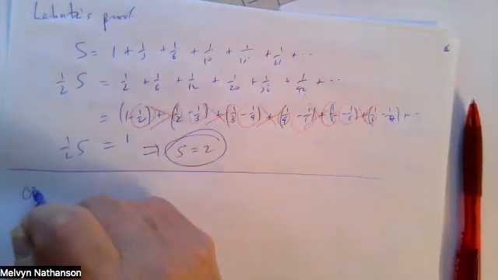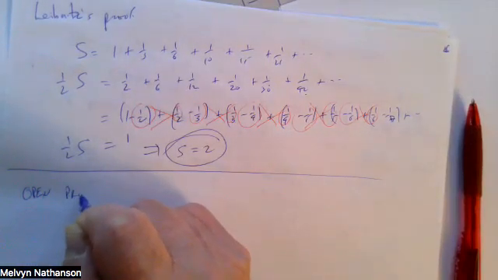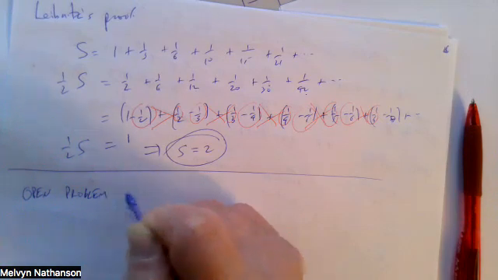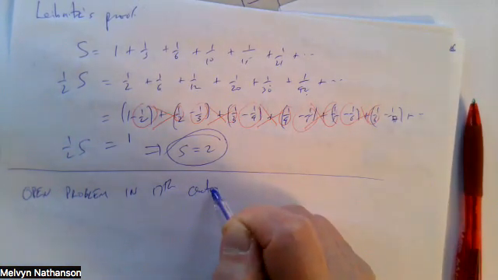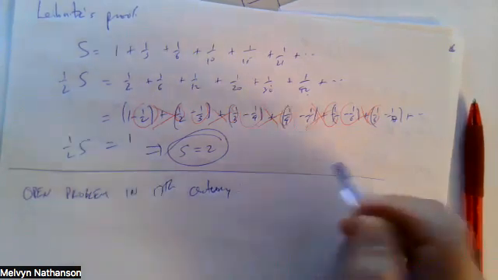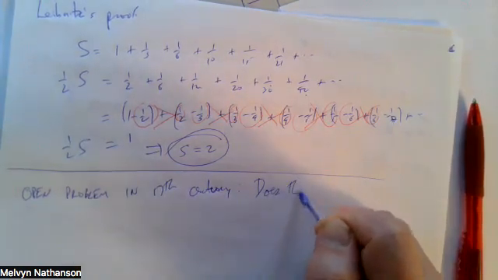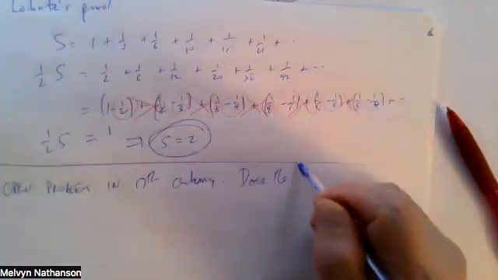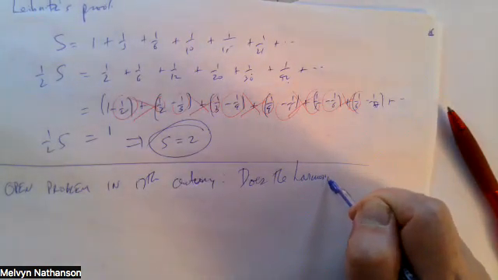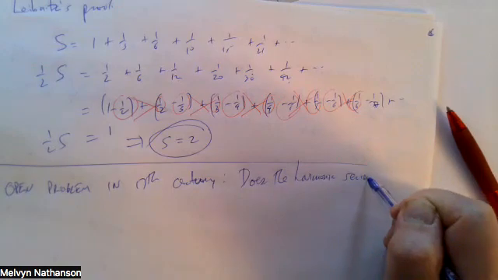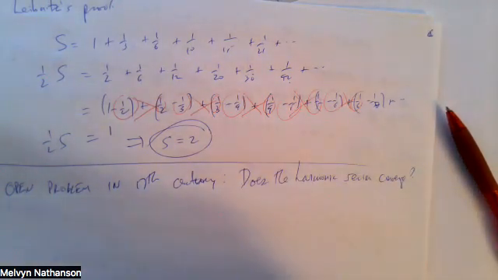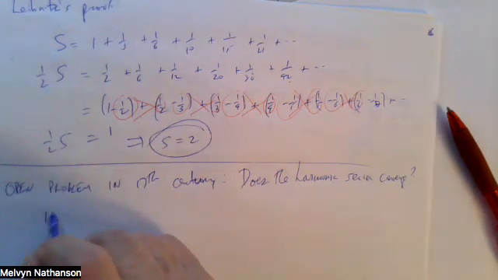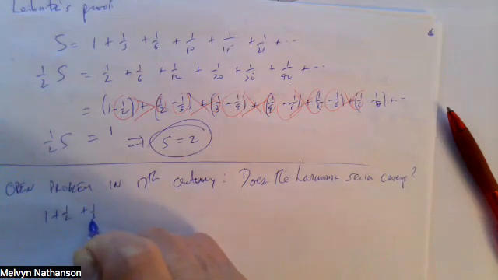Now, the open problem, apparently, in the 17th century was: does the harmonic series converge? So that's the series 1 plus a half plus a third.